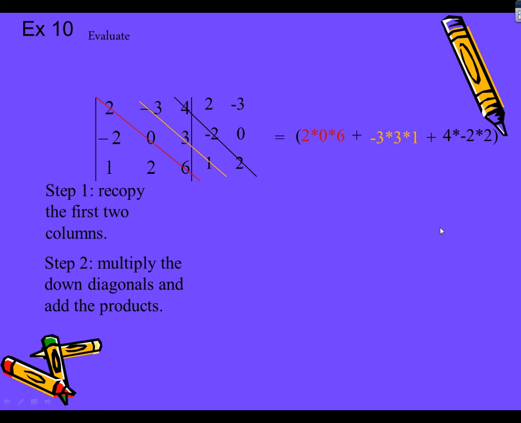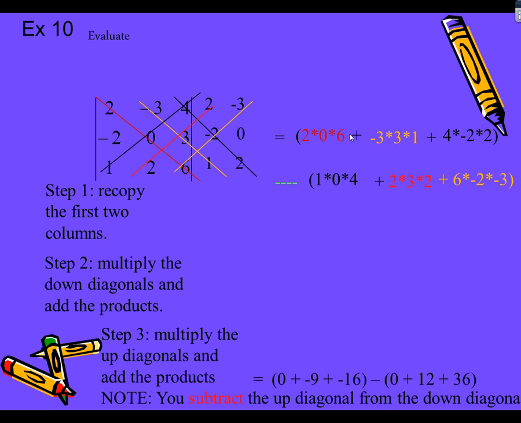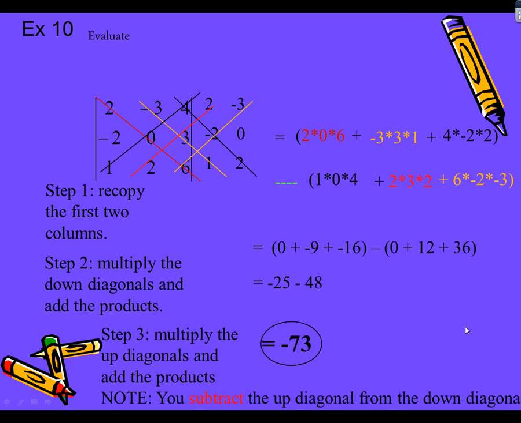So minus the quantity, 1 times 0 times 4 plus 2 times 3 times 2 plus 6 times -2 times -3. And I'll just turn all those into numbers, right? So I'm going to get 0 minus 9 minus 16 minus the quantity, 0 plus 12 plus 36. And ultimately, I just get a number, -73 in this case. So that's the answer.